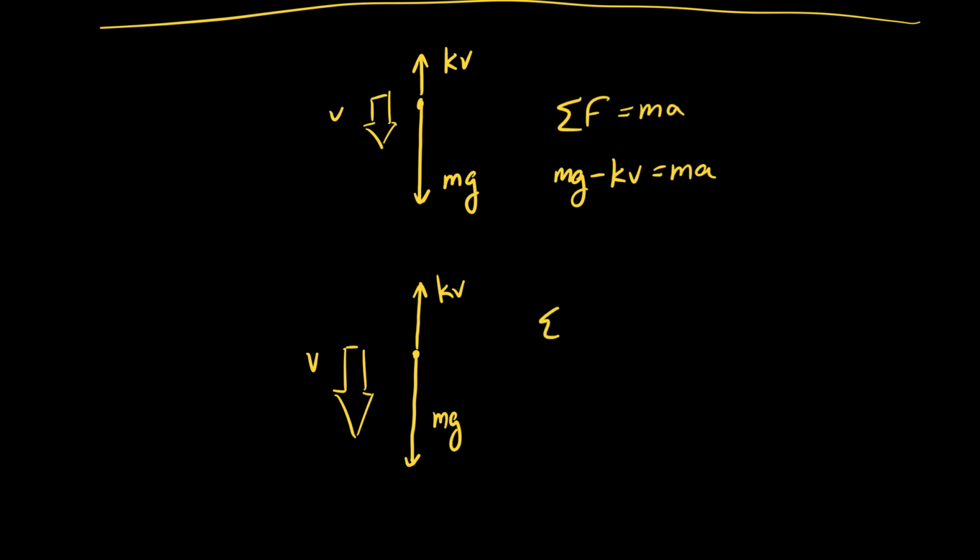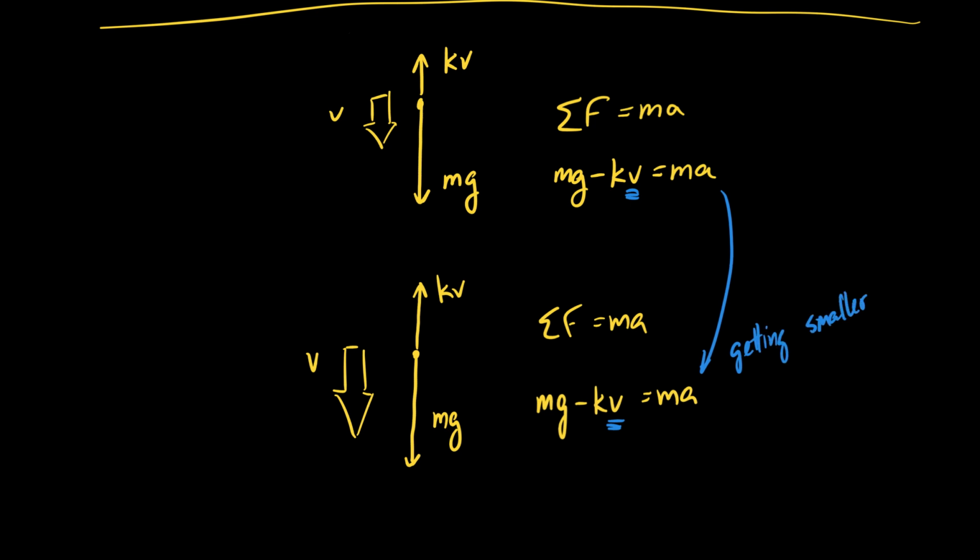The net force is still going to equal ma, still mg minus kv equals ma, but now this velocity is bigger than this velocity, suggesting the acceleration is getting smaller. It's getting smaller as the velocity is getting bigger.